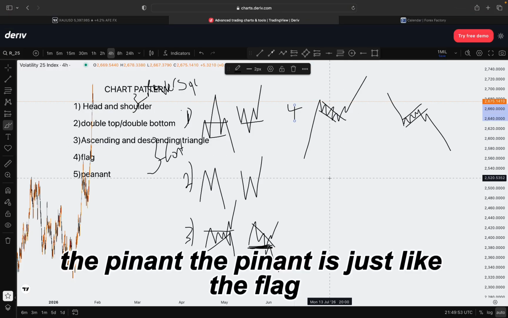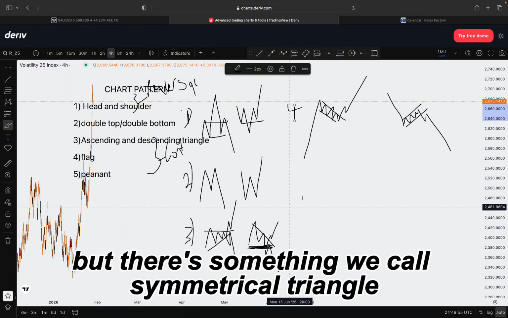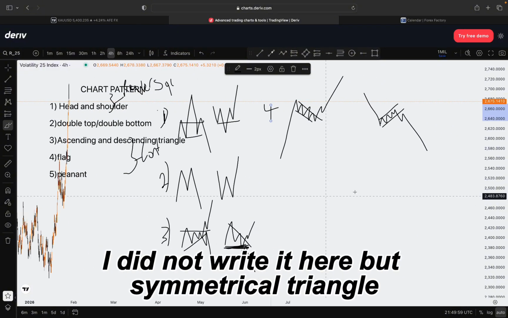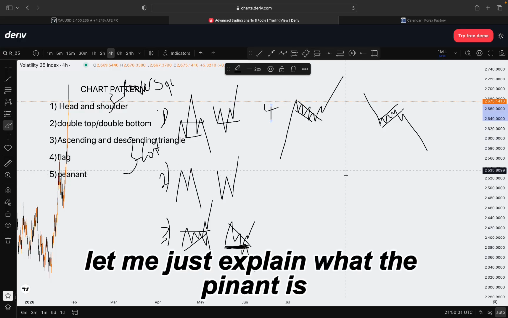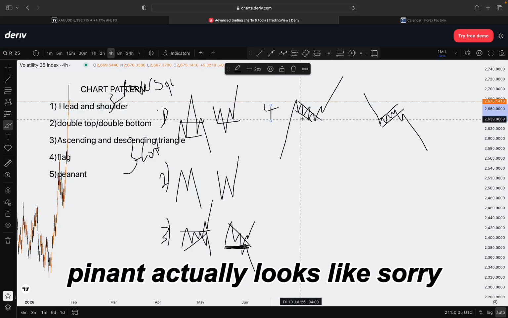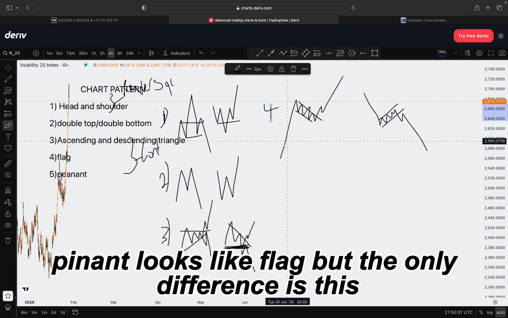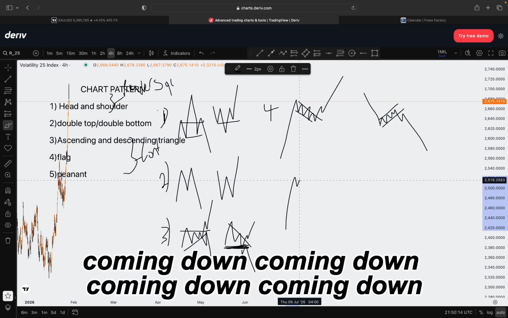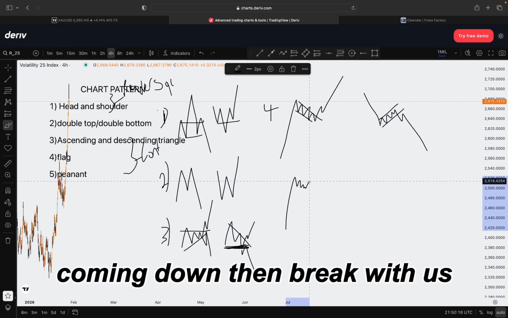The pennant is just like the flag, but there's something we call a symmetrical triangle. I did not write it here, but let me just explain what the pennant is. Symmetrical triangle. A pennant actually looks like a flag, but the only difference is this. For a bullish pennant, we have something like this, coming down, then break, retest.